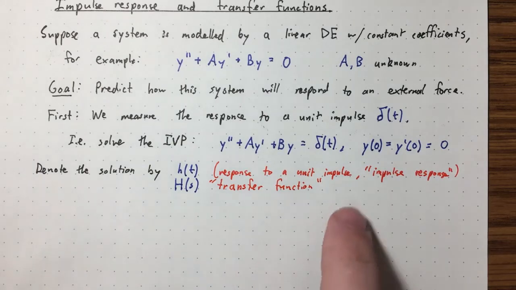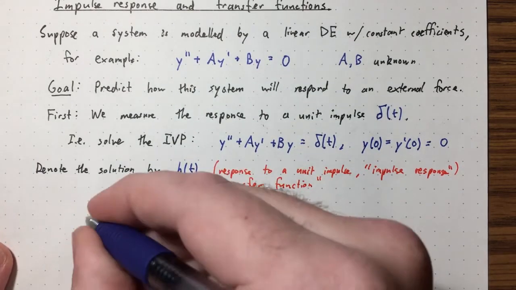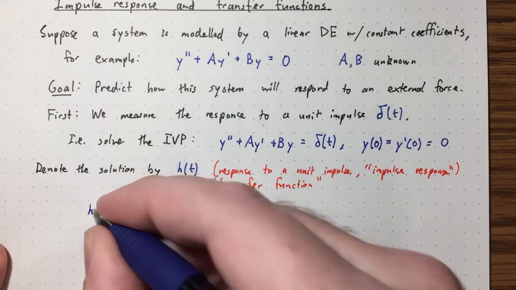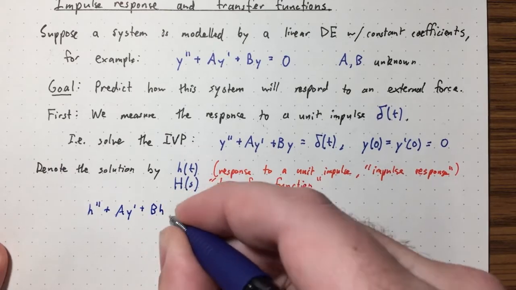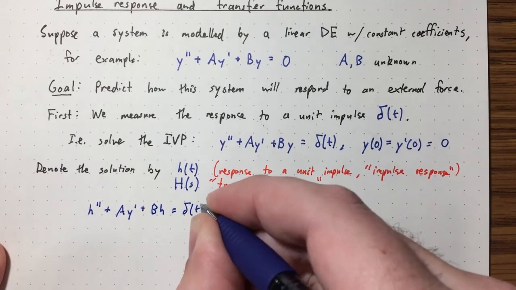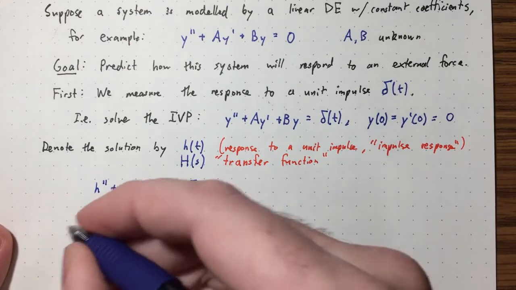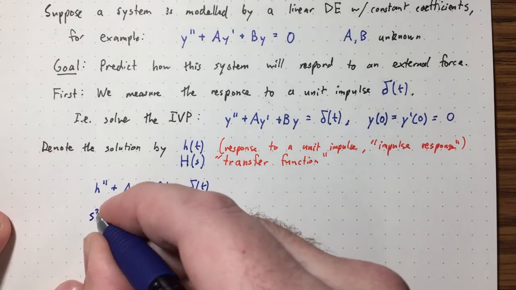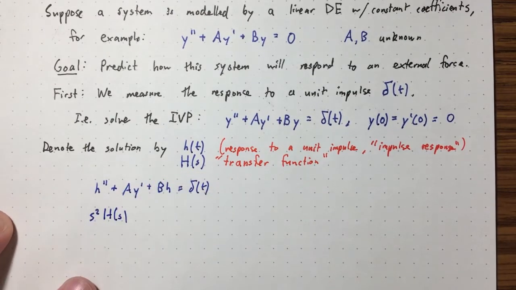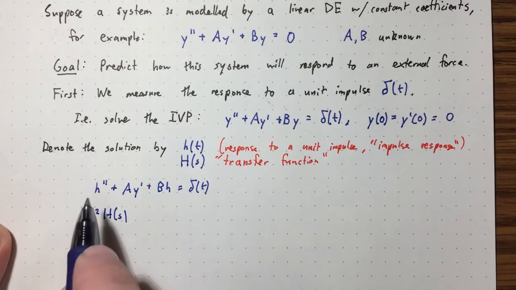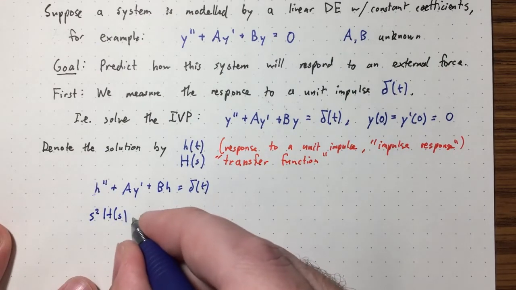Okay, let's begin solving our initial value problem. So maybe I'll replace the y's with h. So h double prime plus a h prime plus b h is delta of t. Okay, let's take the Laplace transform, and we get s squared times capital H of s, the Laplace transform of little h. And then remember the formula for the Laplace transform of a derivative.